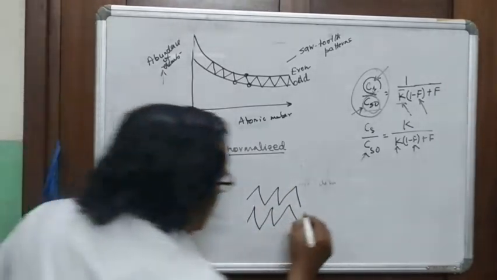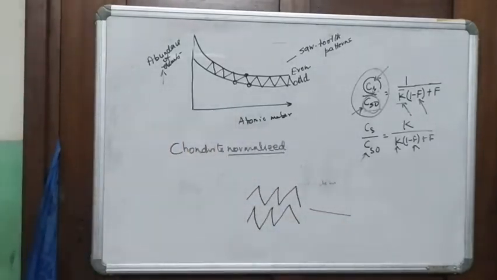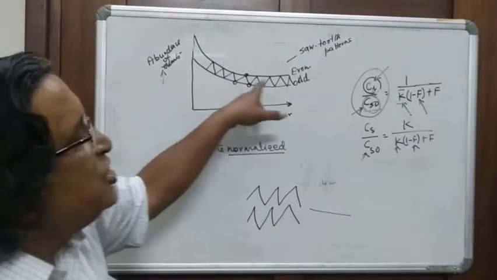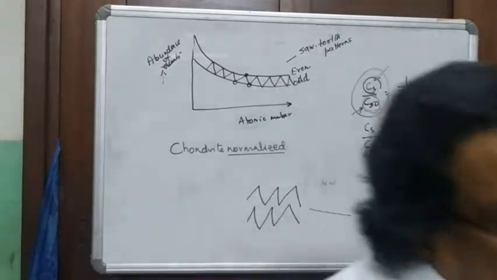So this will give you a smoothened curve. That is why a chondrite normalization is done.